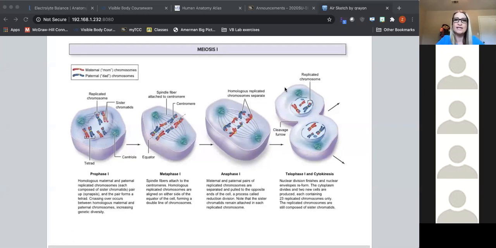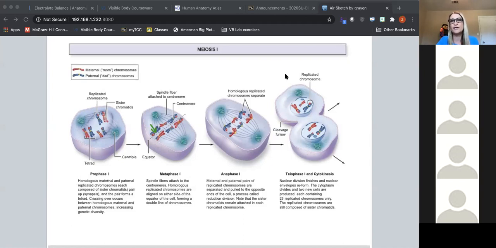So during interphase, the cell is preparing for division, the DNA is replicated, and so we get those identical sister chromatids after the replication of DNA. These sister chromatids are held together, not always in the center, but you can see the sister chromatids are held by that yellow piece right there, and that's called the centromere.